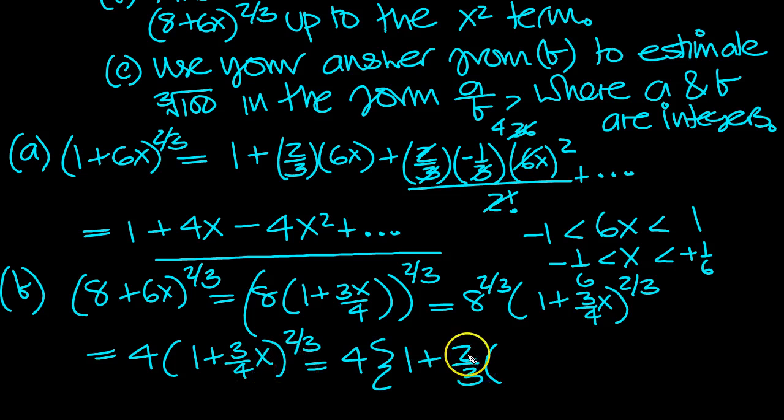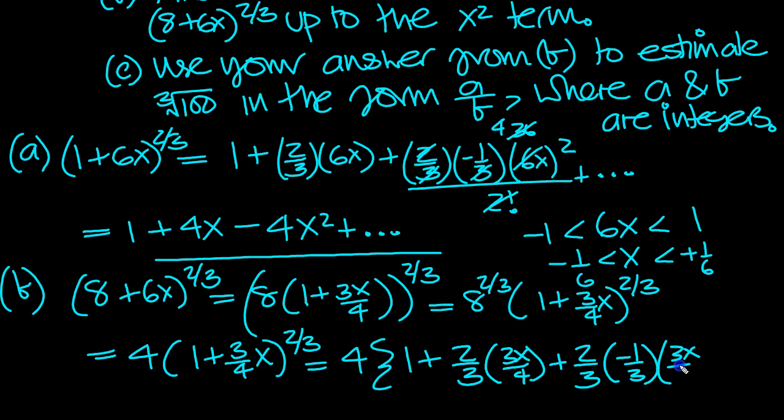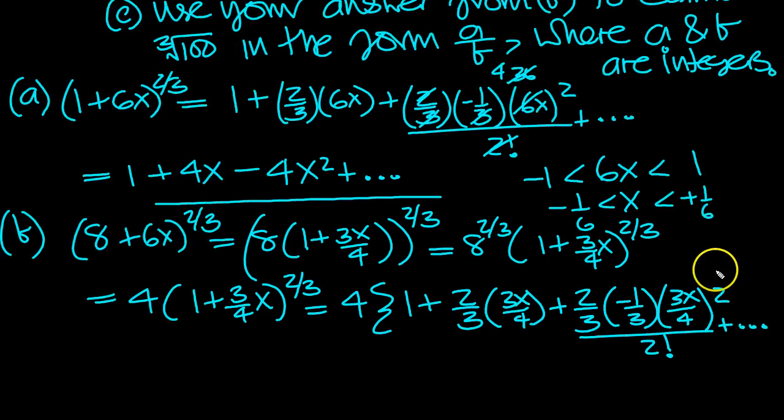X is this, 3/4 x, plus n times n minus 1, x squared over 2 factorial plus dot dot dot. There's the x squared term, we go up to there, don't we?